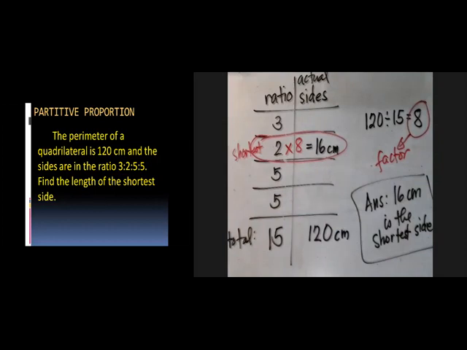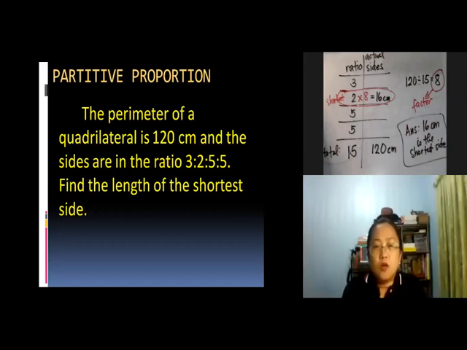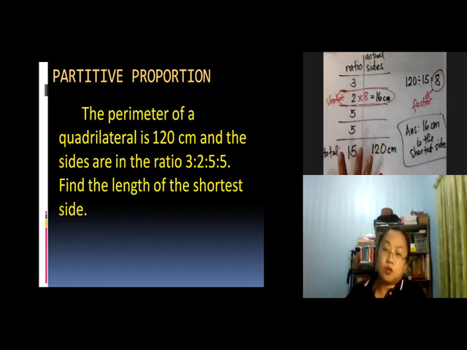Sa first problem naman, ang hinanap natin ay yung lahat. 'Di ba? Kasi ang tanong doon is how long is each piece? So that's all for today for the partitive proportion problem.